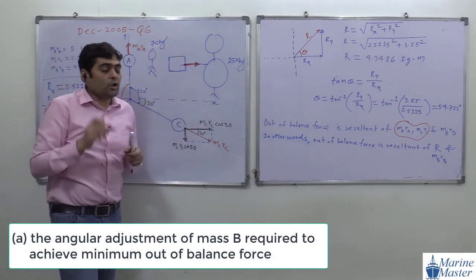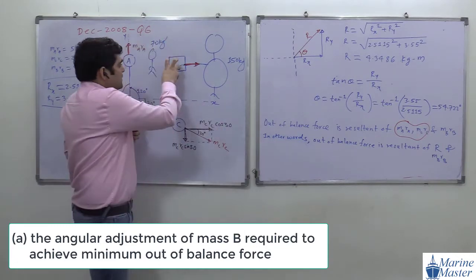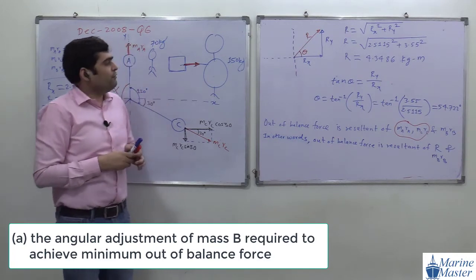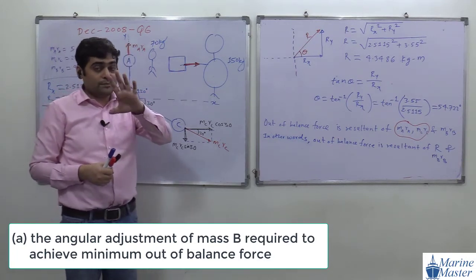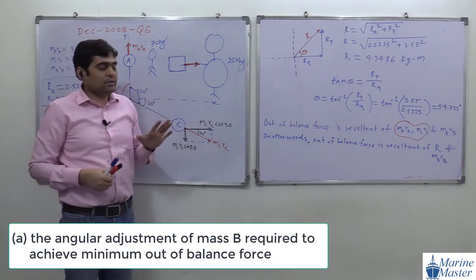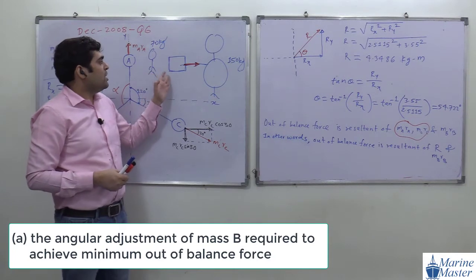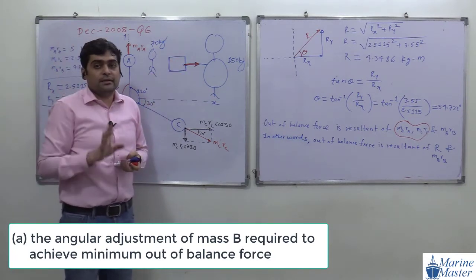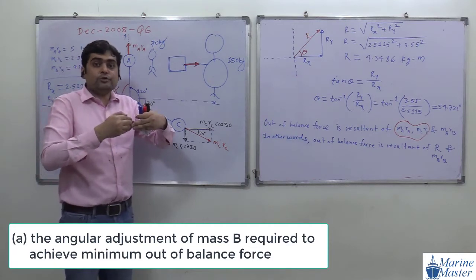Now, my question to all of you: in any situation, this 70 kg person will not be able to stop the movement of this mass. See my point. But what is in his hand? He can reduce that movement.